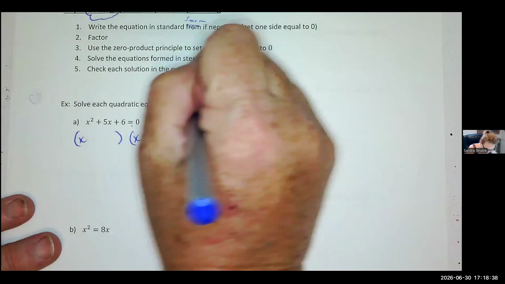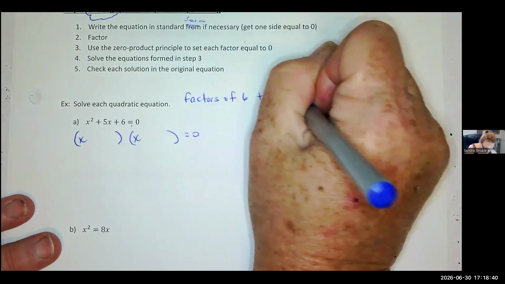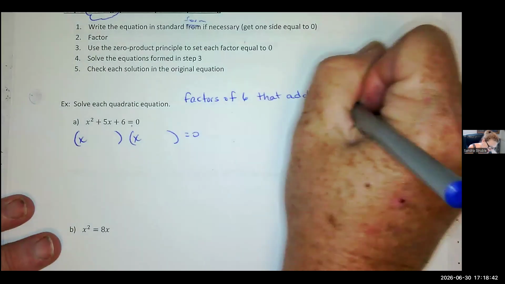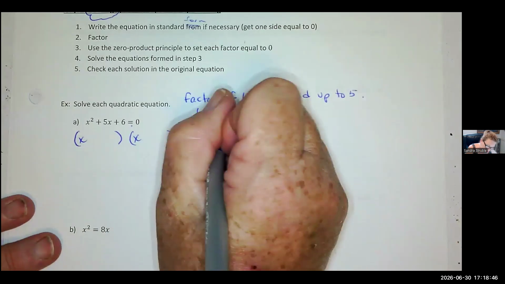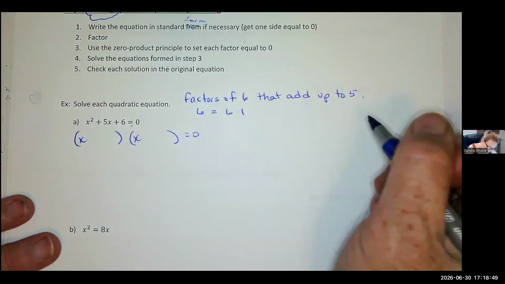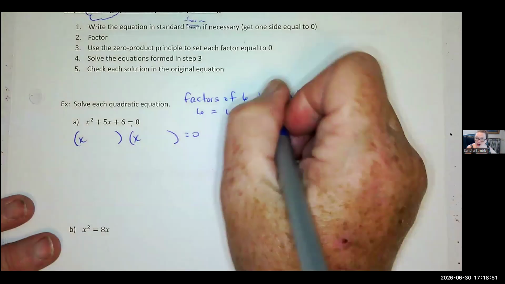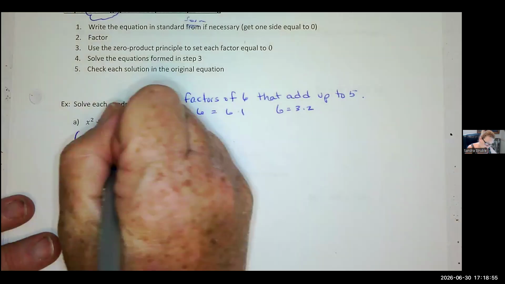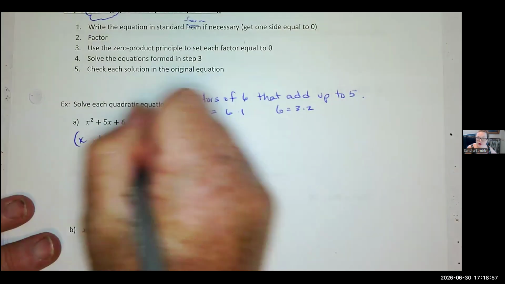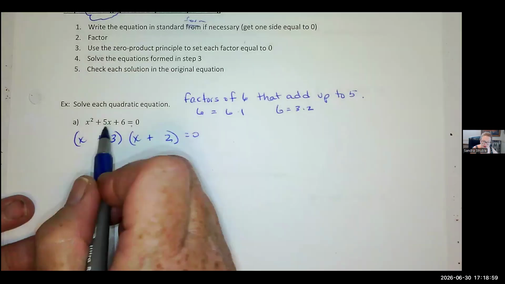This is your refresher. For 6, the factors are 6 and 1. That does not add up to 5. 6 plus 1 is not 5. And 6 is 3 times 2. Well, 3 plus 2 is 5. So 3 and 2 are our numbers, and everything is positive inside your factors.